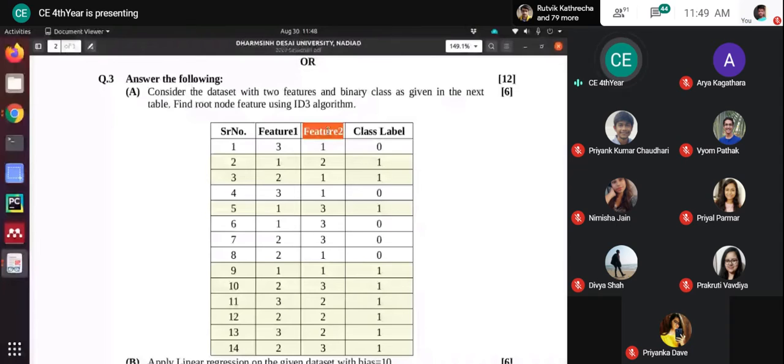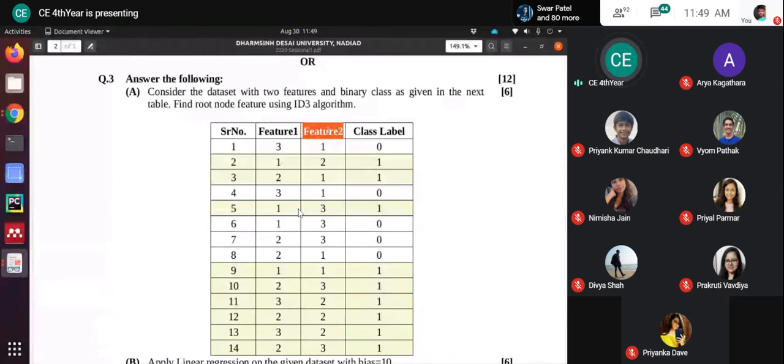Right, and of those who have attended this, almost many of you are able to at least identify that feature 2 is the root node, no matter whether the calculation is correct or not. But remember that the calculation also carries some marks. If you just identify that feature 2 is the correct root node, that's not enough. You have to prove that with accurate calculation.